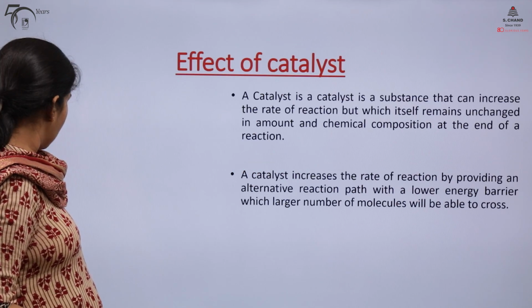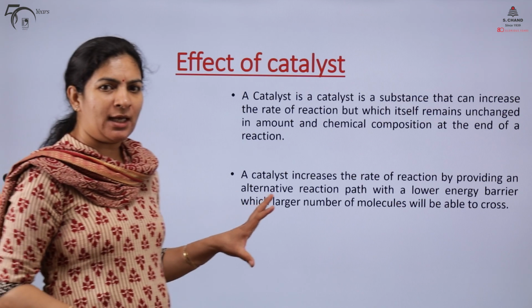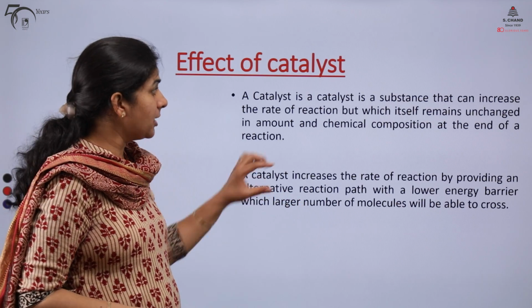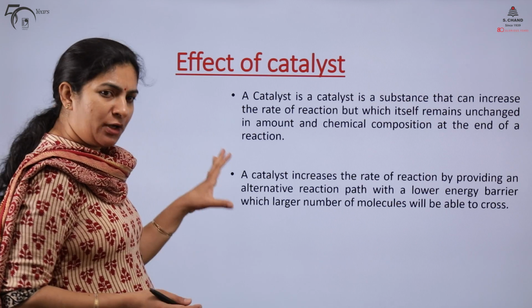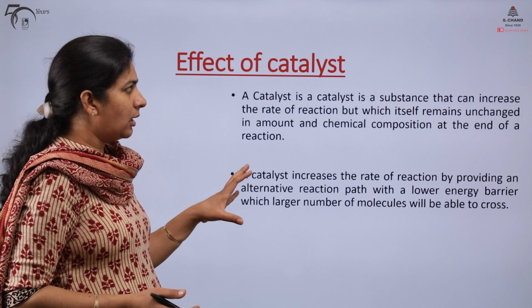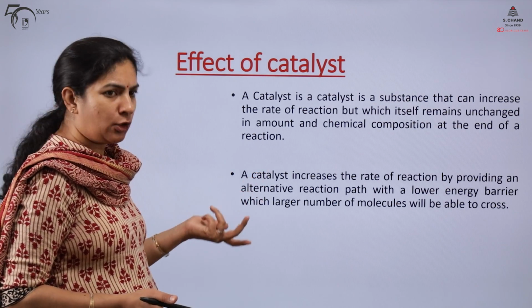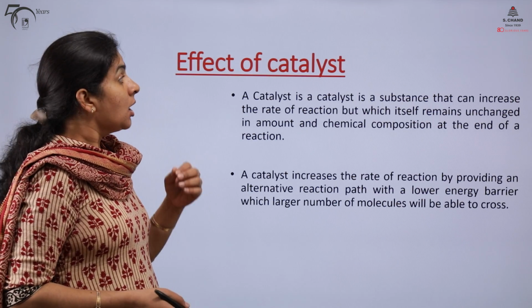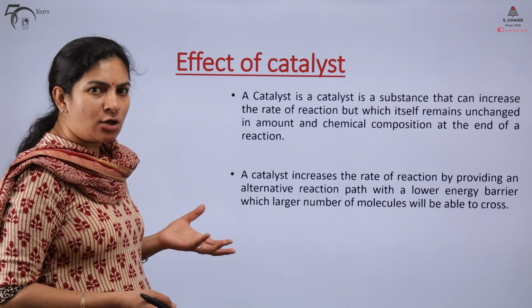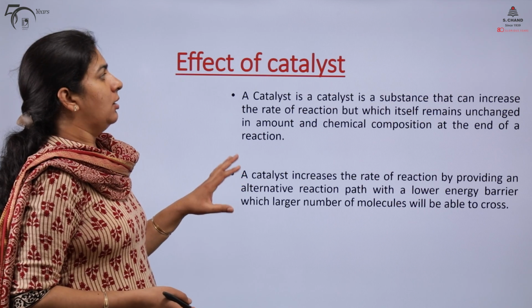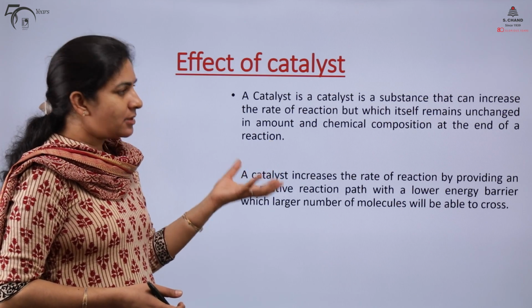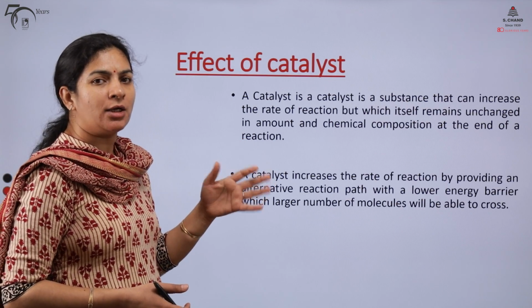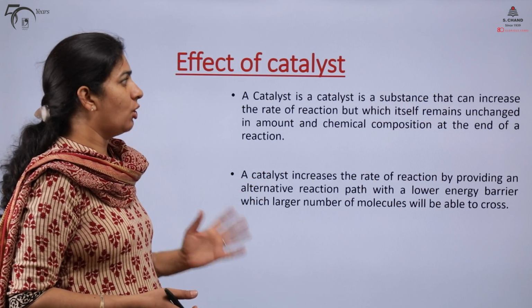Now very briefly, I would also like to explain here the effect of catalyst on the rate of reaction. We've already discussed that a catalyst enhances the rate of reaction, but it will not undergo any chemical change on its own.